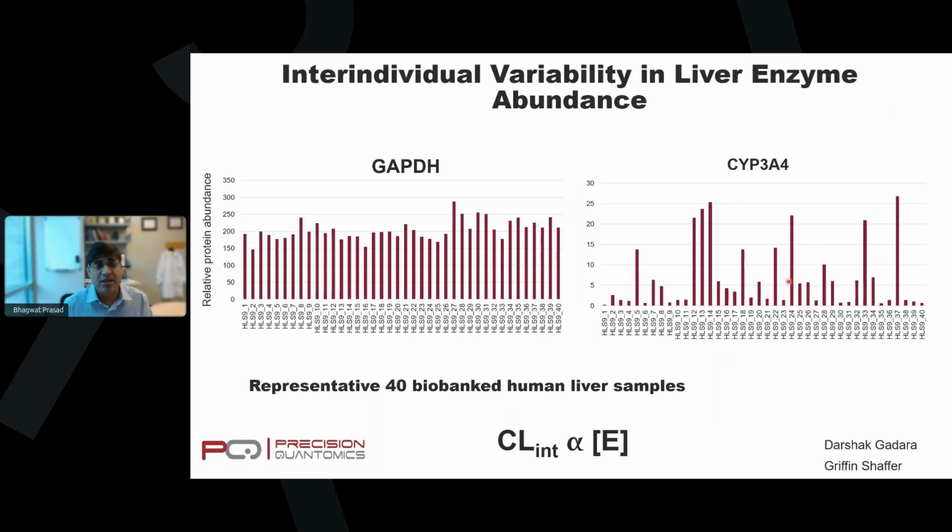You can think of it as different batches of NAMs, and if you have confidence that these have consistent expression of housekeeping protein, and we can see changes in the abundance of the protein of interest, we can characterize that model efficiently. So another question is, does this protein expression match with the activity, right?